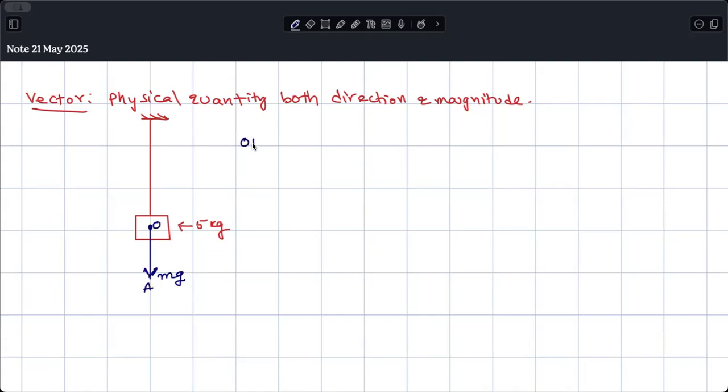Here, OA is a directed line segment. This directed line segment's length is proportional to magnitude, and the arrow indicates the direction of the quantity. So this is how you will represent a vector.